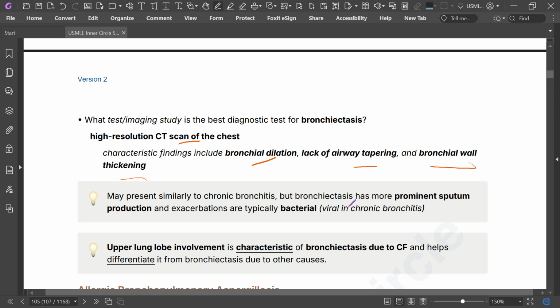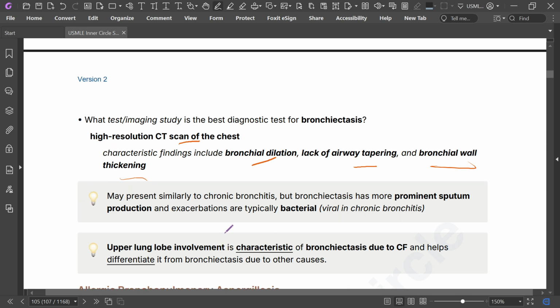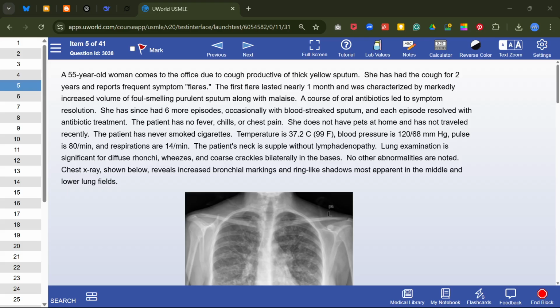Sputum production and exacerbations are typically bilateral. Upper lung involvement is characteristic of bronchiectasis due to cystic fibrosis and helps to differentiate it from bronchiectasis due to other causes.